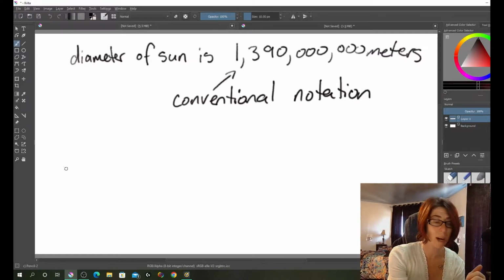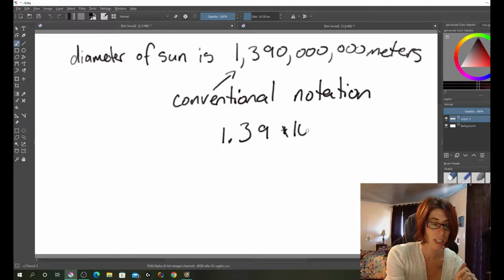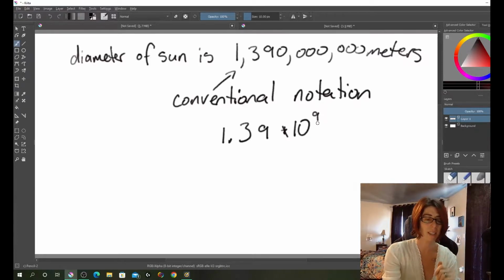Now, if I were to write this in scientific notation, I'll just show you what it looks like first, and then I'll explain how to do it. 1.3 times 10 to the, let's see, 1, 2, 3, 4, 5, 6, 7, 8, 9, 10 to the 9th. So this exponent up here tells you exactly how many digits are in this number.